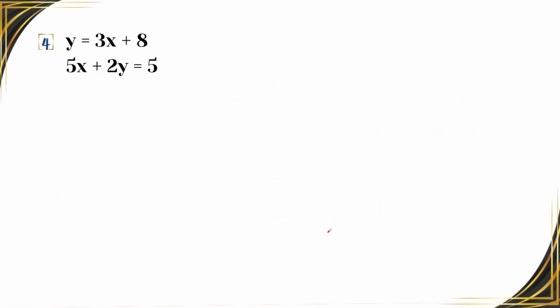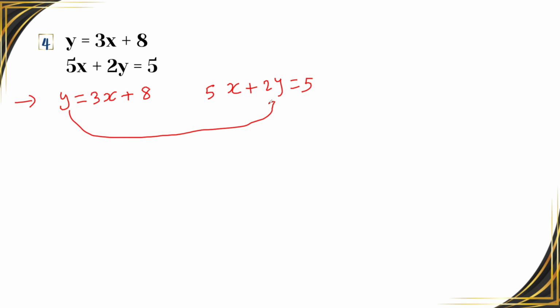Next question. y equals 3x plus 8. We write it here, and the second one beside it. And we check if we have any variable isolated, or whether we need to isolate one variable in one equation. In the first equation, y is isolated, so we can use it to substitute in the second equation.